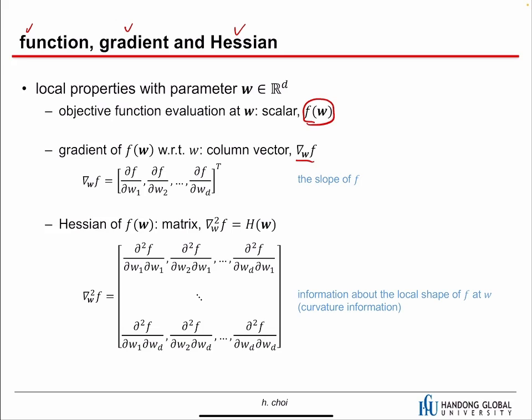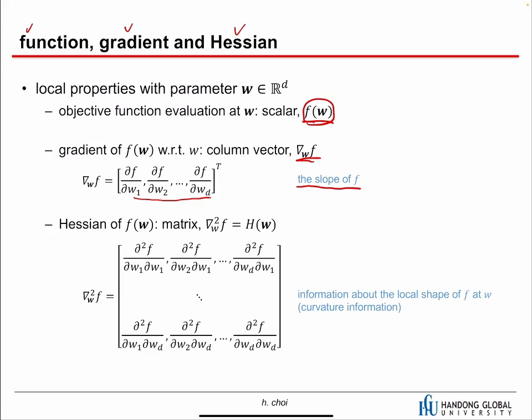Gradient is simple. Given this objective function, take a derivative with respect to the parameter. That's it. So this gradient is all about the slope of f. If we have many parameters, then it's not easy to imagine how it looks.